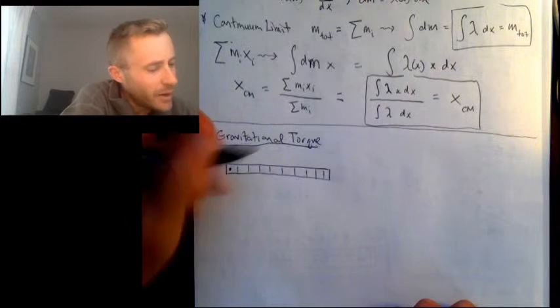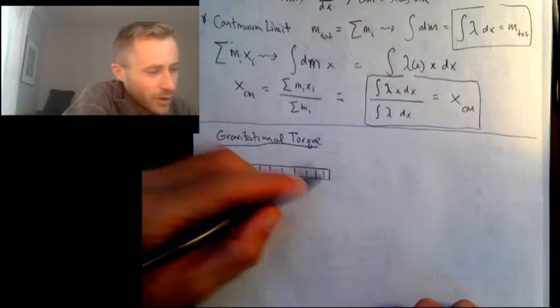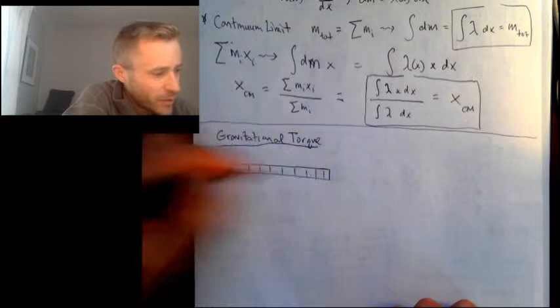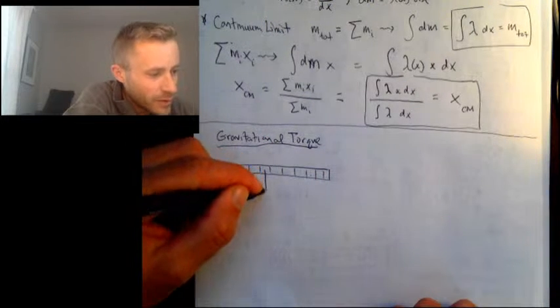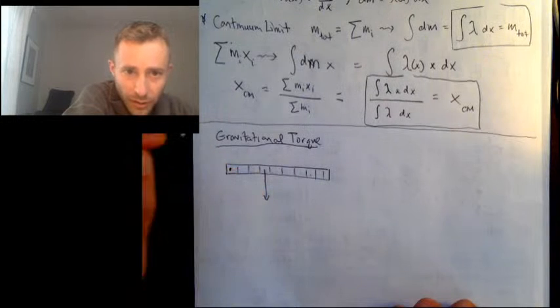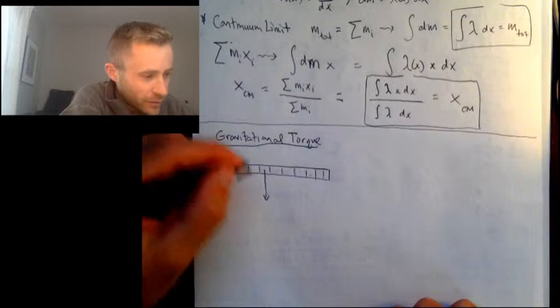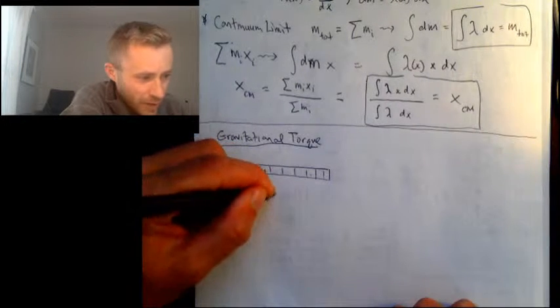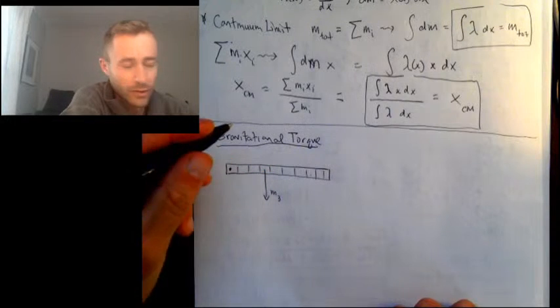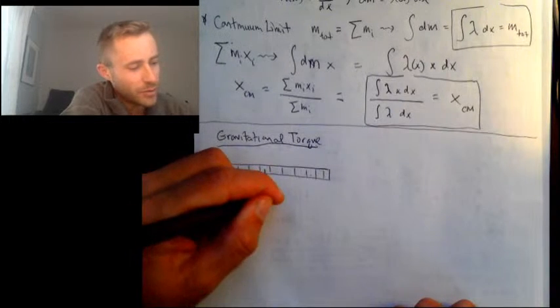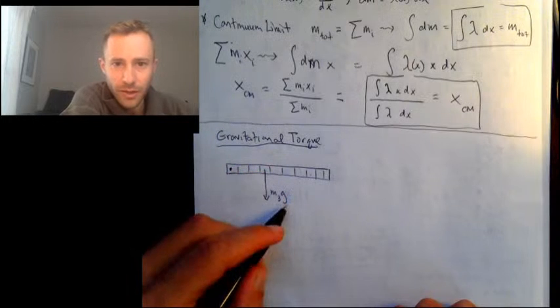Now, what is the force on each piece? Maybe this is the 1, 2, 3. This is the third piece. It has a downward force acting on it, and it has mass m3. The weight force is m times g, so it would be m3 times g.